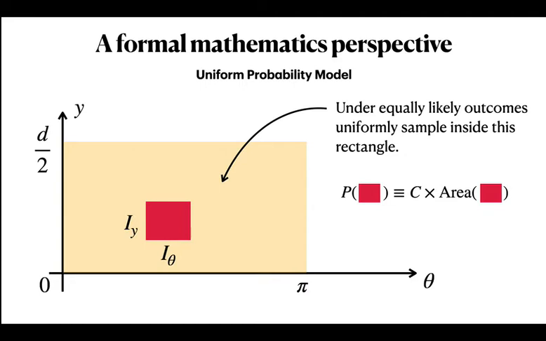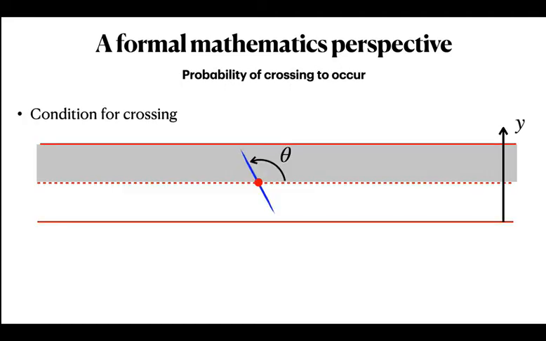So that's the probability model that we are going to use. What we want to find out now, because we need to relate it to the empirical experiment we did earlier, which has to do with crossing of pens with lines, is this: if I've got my needle here with an angle theta, and I fix this angle theta, what is the configuration that is going to lead to a crossing?